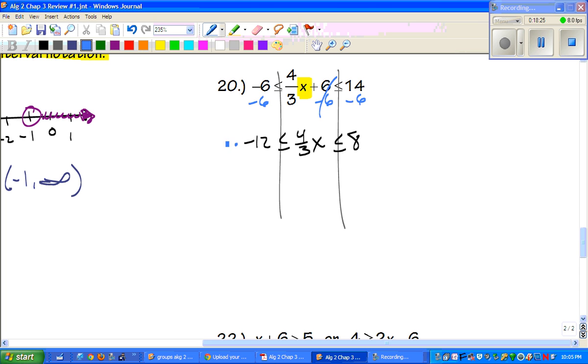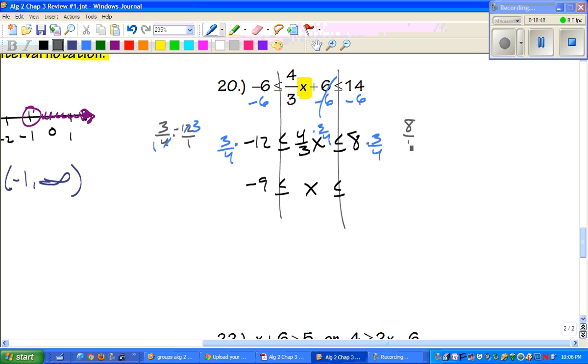So to get rid of that, we have to multiply by the reciprocal. So over here, I'm going to do some side work. 3 over 4 times negative 12 over 1. 1, 3. So here we get negative 9.